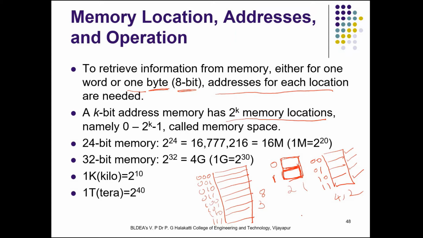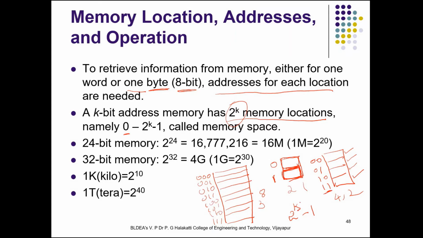So in general, if I am going to start from 0, and I want to represent 2 raised to k different memory locations, the last address will be 2 raised to k minus 1, where k is the number of bits.